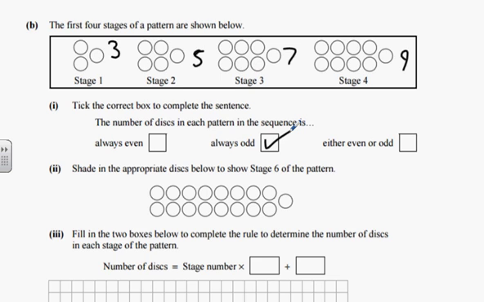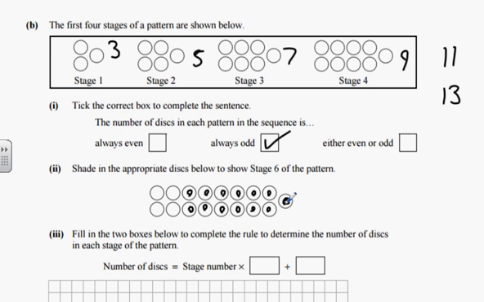What would stage 6 be? 11 for stage 5 and 13 for stage 6. Was it shade in 12? Is that 12, yeah? Oh, I should have started on the other end, shouldn't I? I should have done 12 here, and 13. Everybody alright with that?